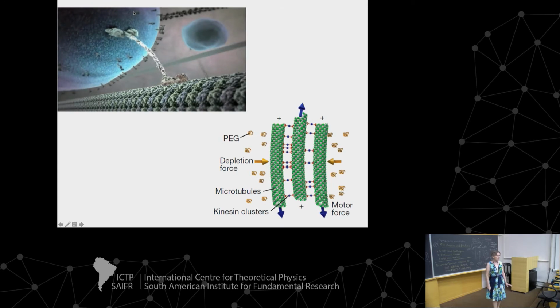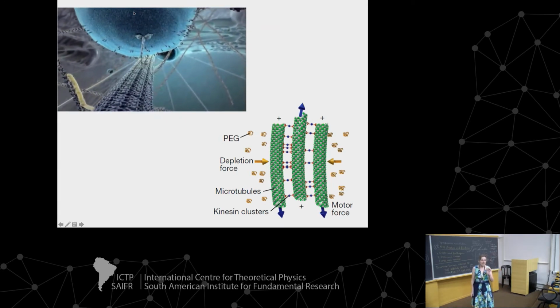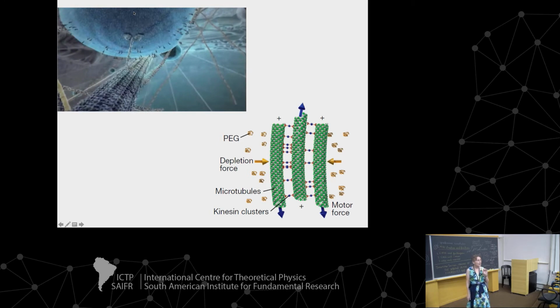Now, about 5 years ago, Zvonimir Dogic at Brandeis was very clever, and he managed to isolate microtubules. So you just have microtubules here. And then he added to those some molecular motors, but they were special molecular motors because they had 2 heads.